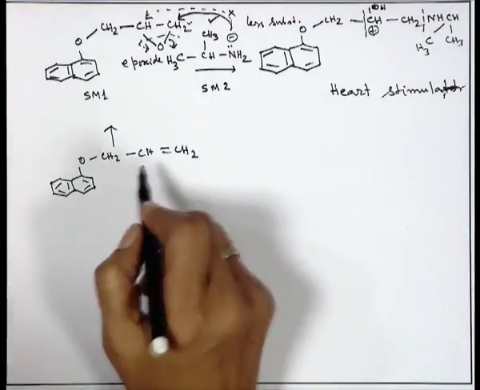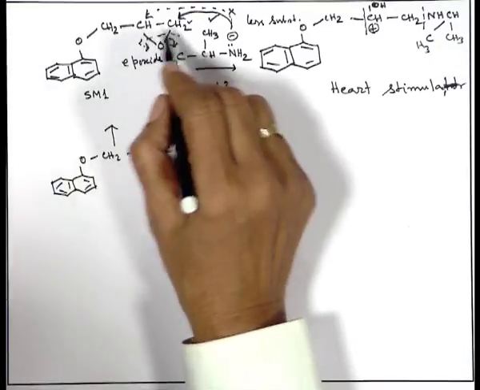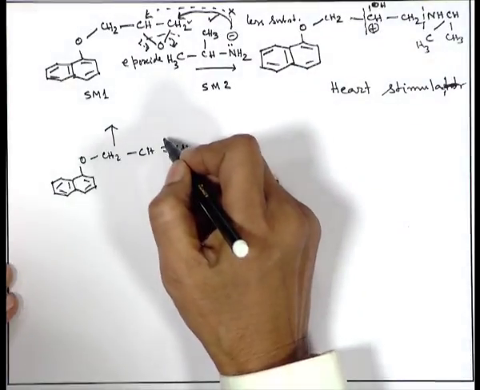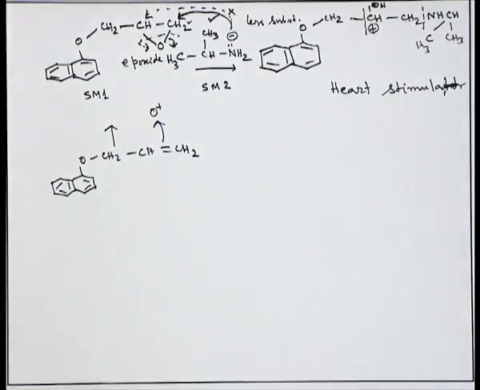Then if I ask you, how can you convert a CH double bond CH2 to an epoxide? Your answer will be, I have to get an oxygen which is positive, O plus, because CH double bond CH2 attacks an O plus oxygen which is positively charged. What is the source for oxygen positively charged?